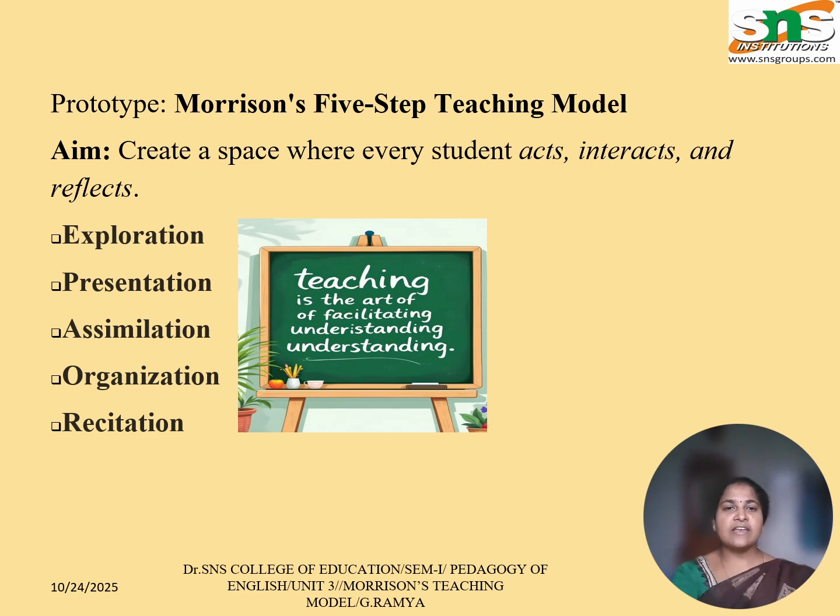So the students can explore in the teaching areas, present themselves, assimilate the learned action in their field, then organize the learned content in real life scenarios, and at last recitation. These are the 5 steps of the teaching model.